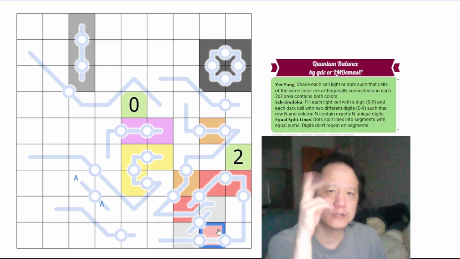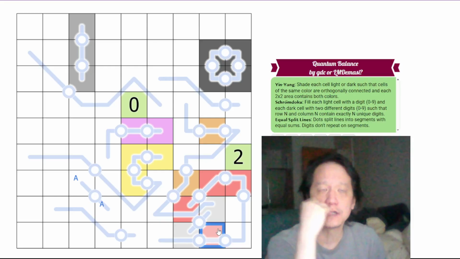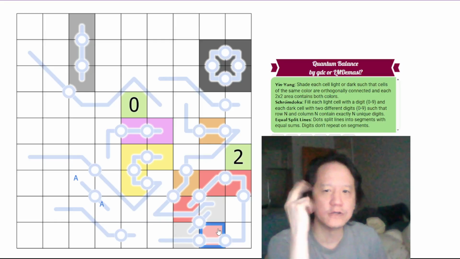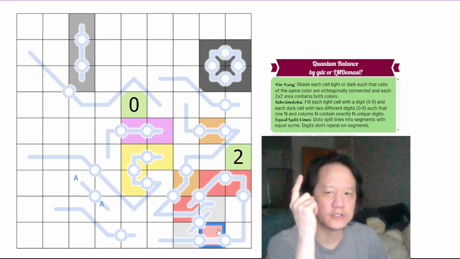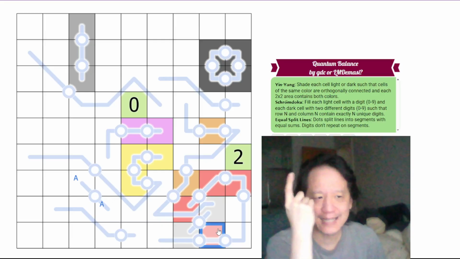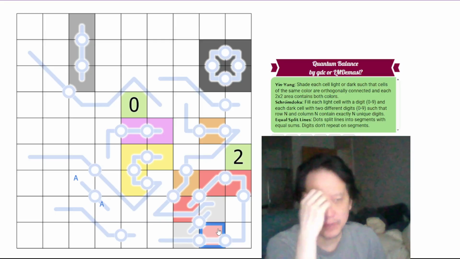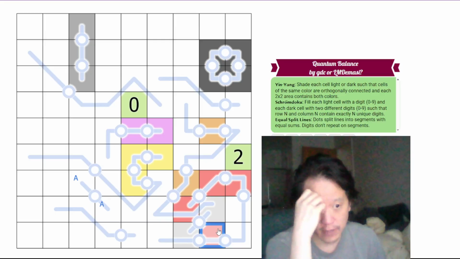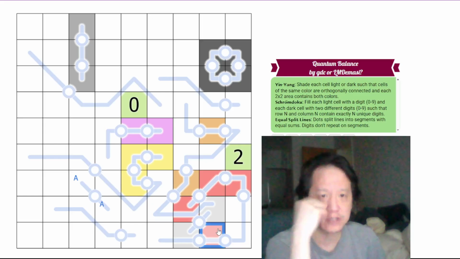You can only use 8 unique digits in column 8 and row 8. You can only use 7 unique digits in column 7 and row 7. Row 1 has to contain the same unique digit, and column 1 has to contain the same unique digit.